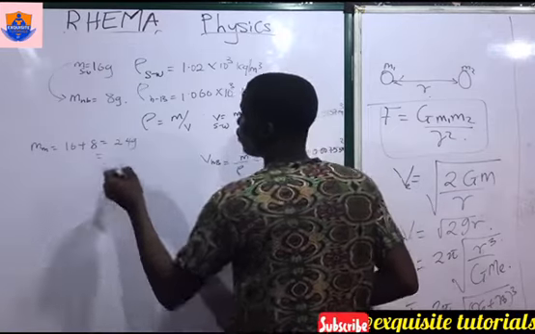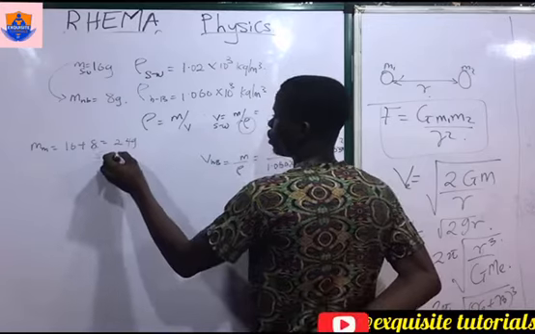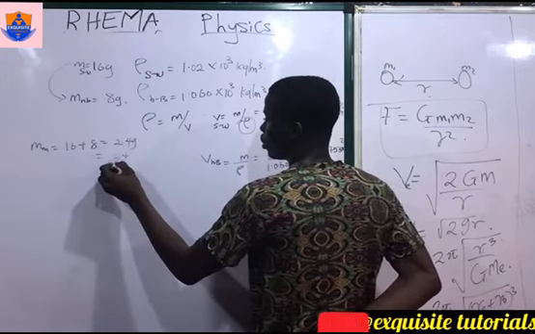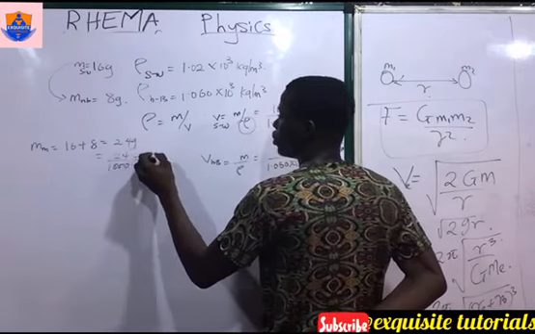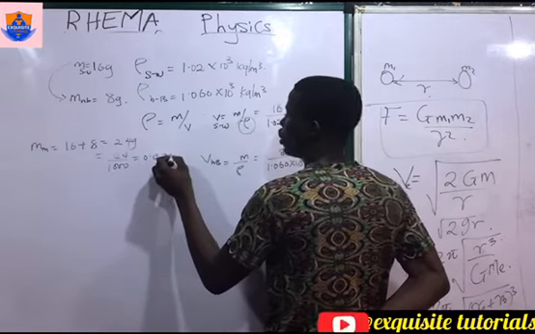But take note, we need our value in kilograms. So we have to convert this to kilogram. Divide by 1000. 24 divided by 1000 will give you 0.024 kg.